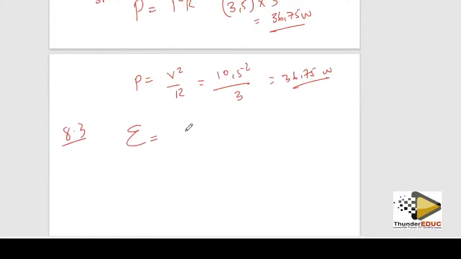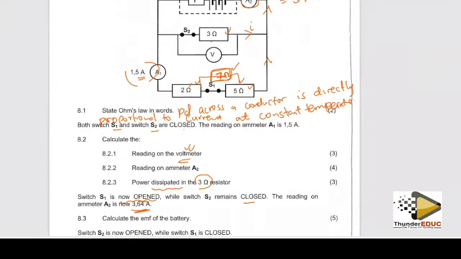From the EMF formula, we know that it's current times capital R plus the small r. We don't know the value of the small r. So initially, our EMF would have been, we say the current, the total current that is passing through the circuit. What answer do we get for 8.2.2?